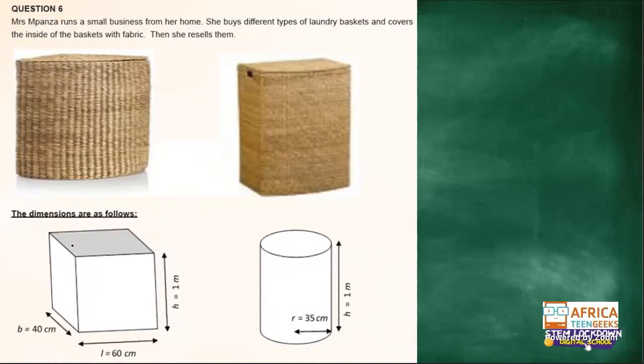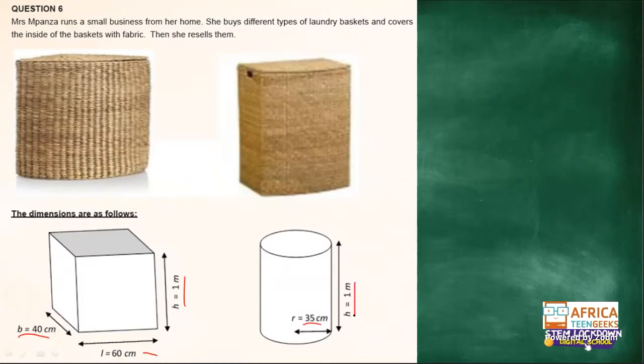Okay, these are the dimensions given. For the rectangular prism, the breadth is 40 centimeters, the length is 60 centimeters, then the height is 1 meter. Likewise, the cylinder, the radius is 35 centimeters, and the height is 1 meter.